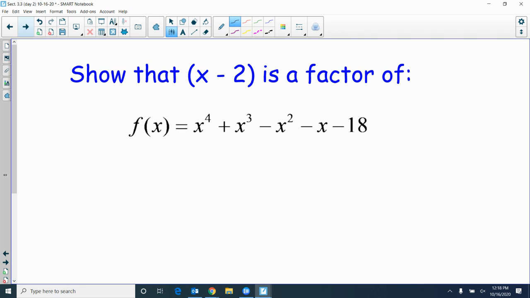So to show that it's a factor, show f of 2 equals 0. Well, don't just plug in 2. Use synthetic division because that gives us more information that we're going to need at some point. So use synthetic division with 2 here, and then 1, 1, negative 1, negative 1, negative 18.